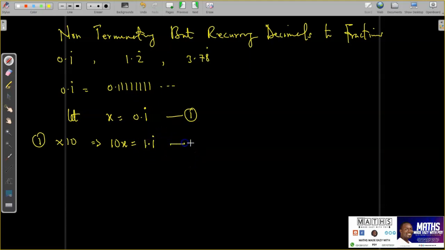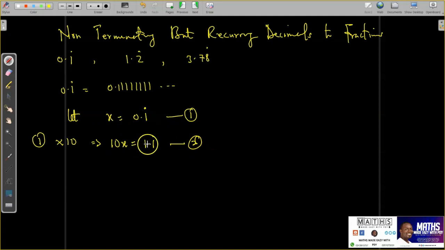Okay, so that has given me another equation, which is equation number 2. Now, if you look at equation 1 and equation 2 carefully, you realize that there's something unique which is going to make it easy for me to do away with the recurring values. Equation 1 has 0.1 recurring.